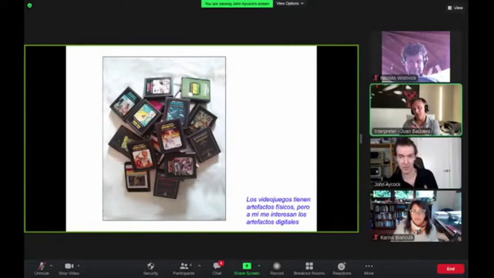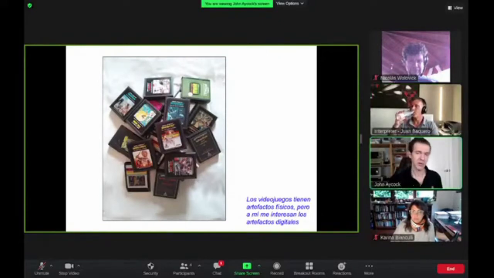Así que, lógicamente, hay muchos artefactos y si podemos ir hacia 1980 y verlos, pero no nos interesaba tanto el artefacto en sí, sino cómo se implementaron estos elementos. I'm interested in the code and the data stored within the physical artifacts, and that's where things get a little confusing.